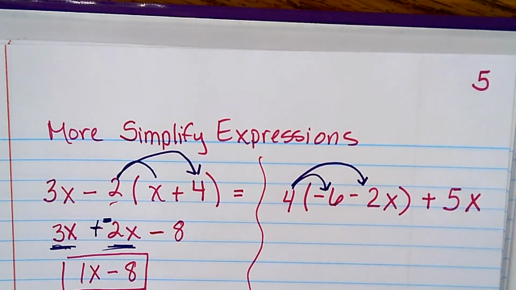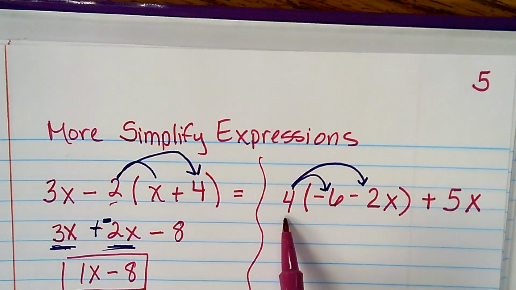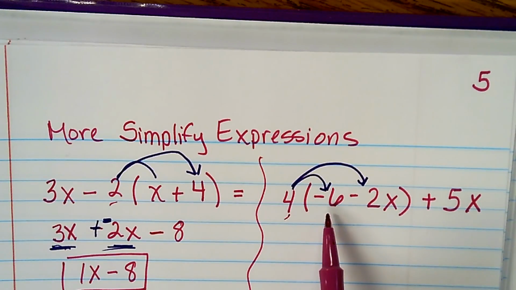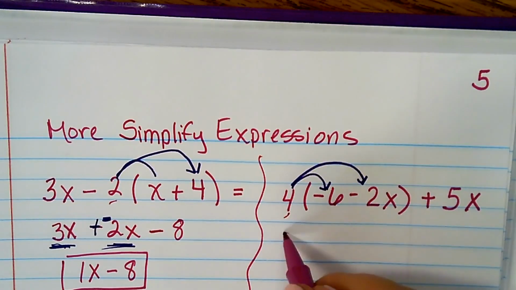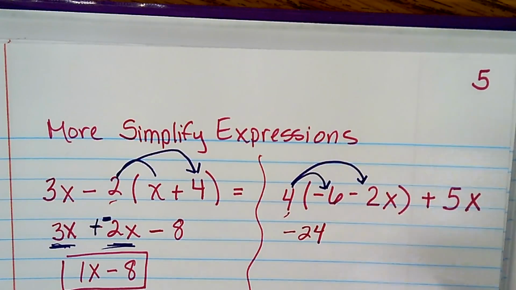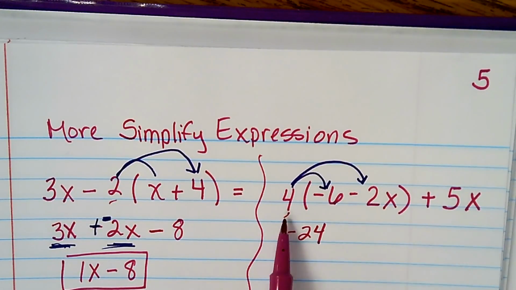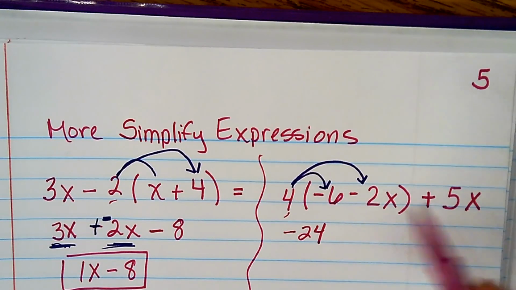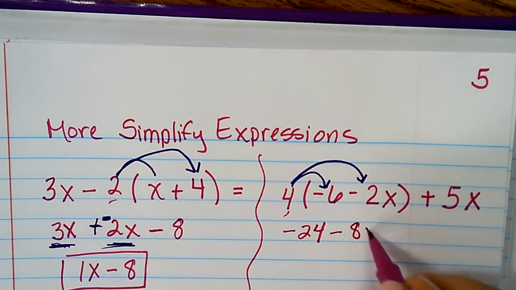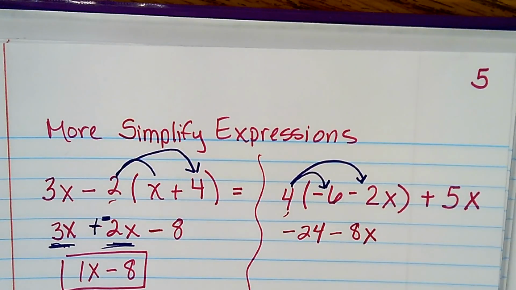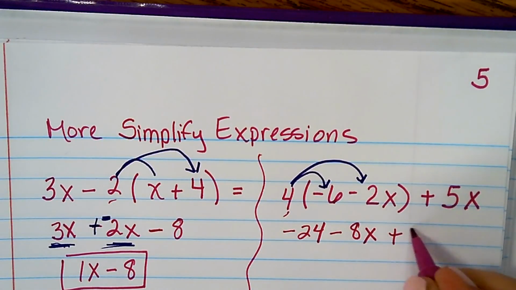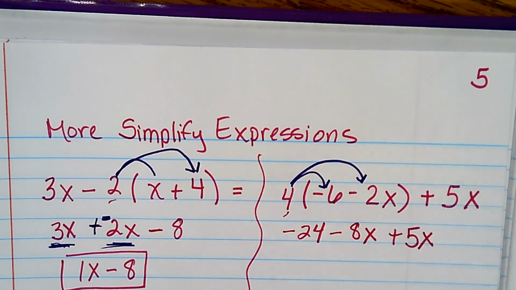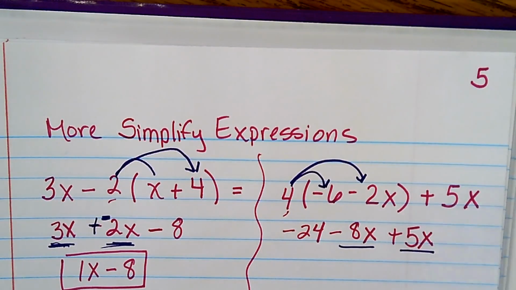So here, 4 times negative 6, what is it? Negative 24. And then here, 4 times negative 2, negative 8. Bring that positive 5x down. Do you have like terms? Yes. Our x's are like terms. Is there anything to combine with that negative 24?